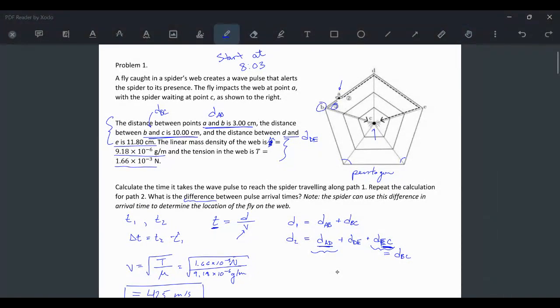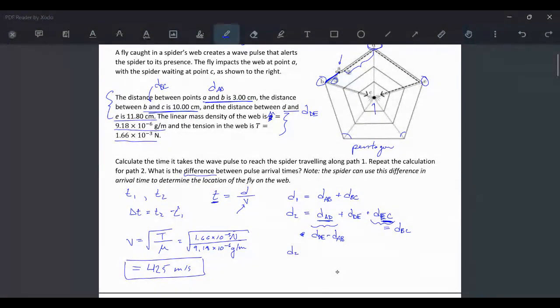So the distance from B to D is exactly the same as the distance from D to E. So I think it should be somewhat clear that d_AD is just the distance from D to E minus the distance from A to B. So it's just a side length. It's the full side length minus this sliver right here. So that will leave this bit here.